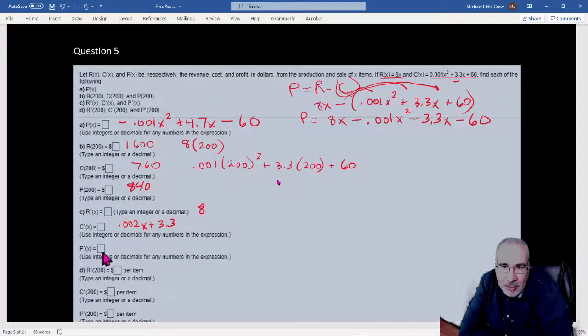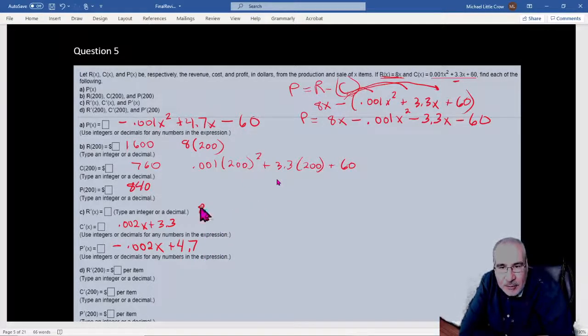So the derivative of the profit function, we come back to the profit function, or you could kind of put these together, I guess. Anyway, let's see what we get. You get 2 times that, so you're going to get a negative 0.002 x to the first power. You're going to get 4.7 x to the 0, which is 1, and the 60's gone.